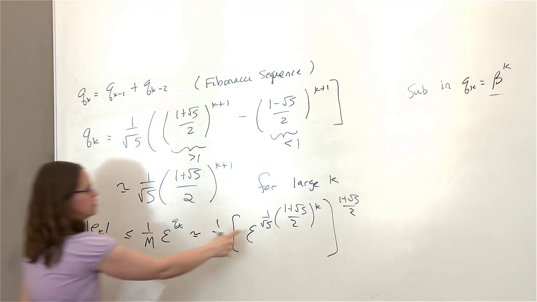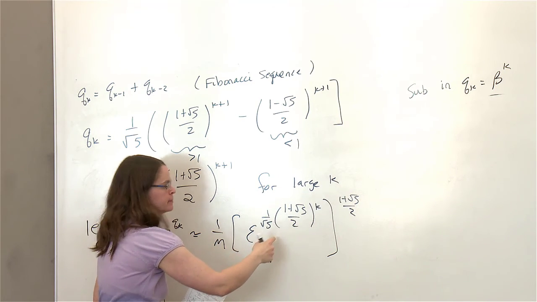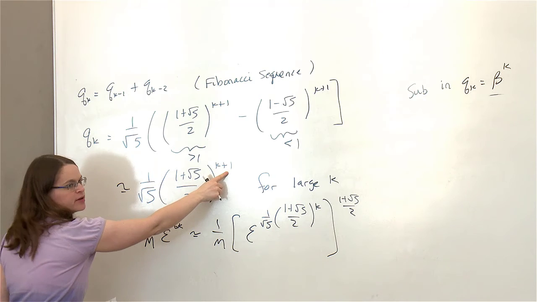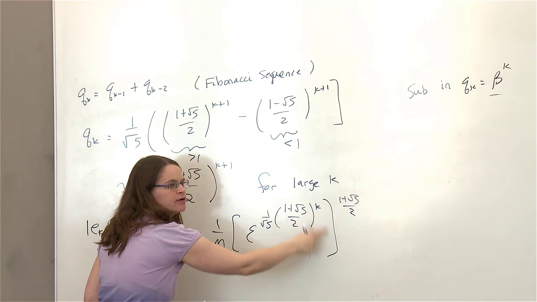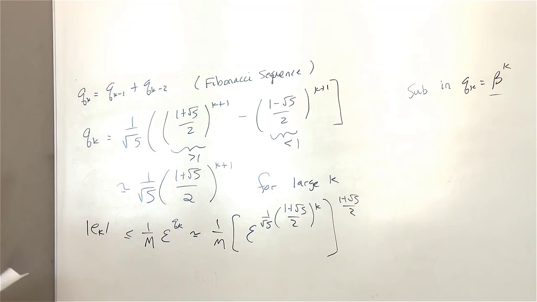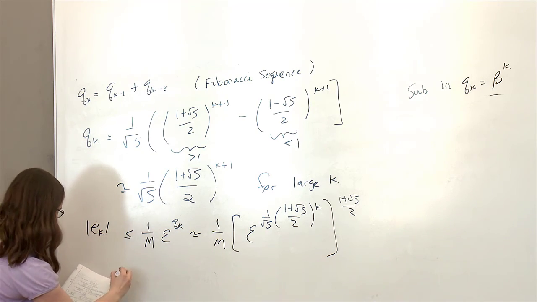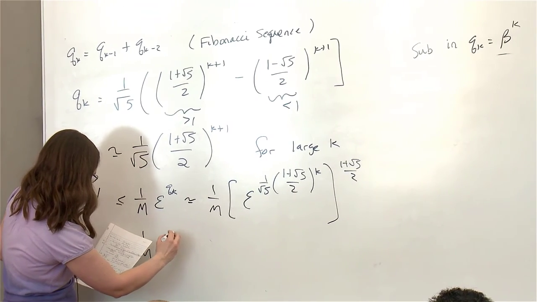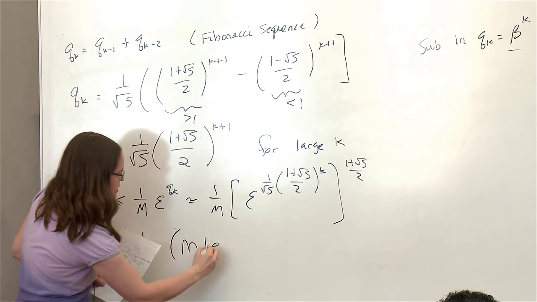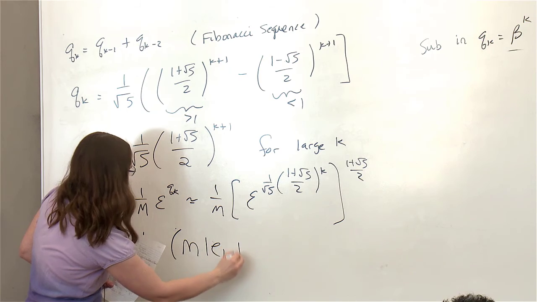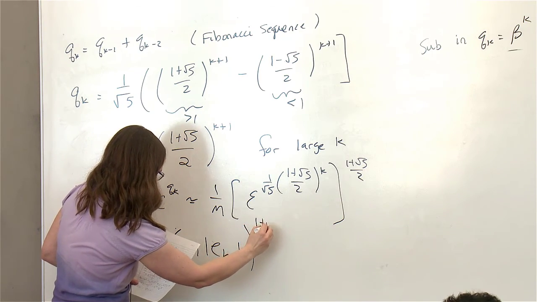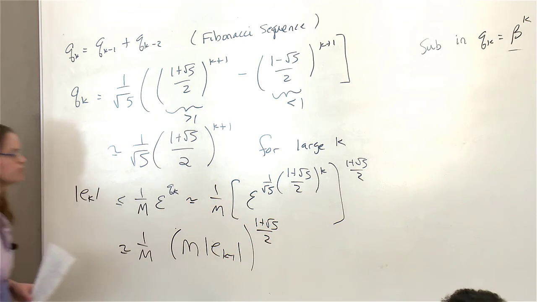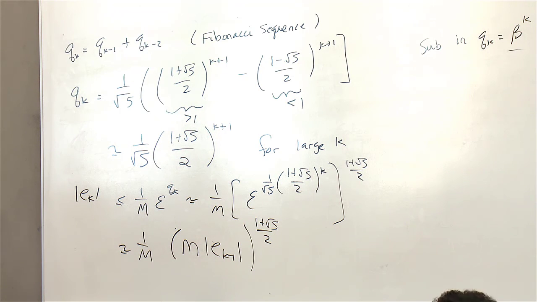Right? This is q_{k-1}. All of this with the k plus 1 is q_k. With just the k here, q_{k-1}.